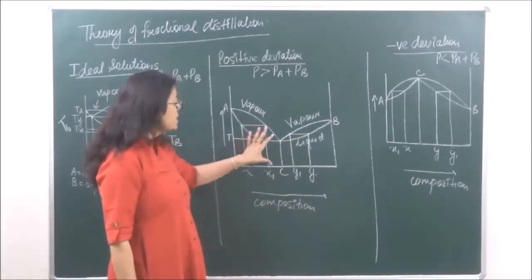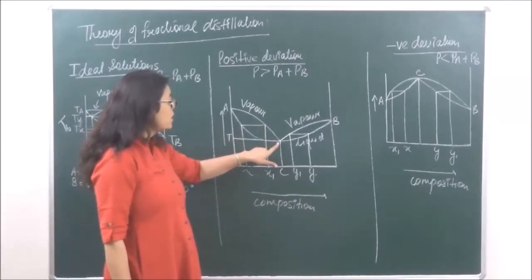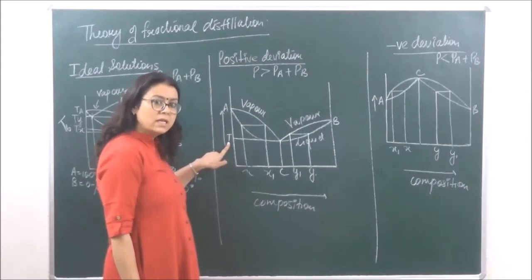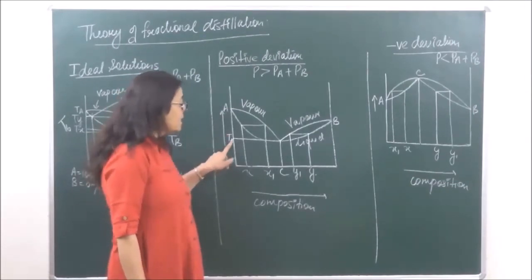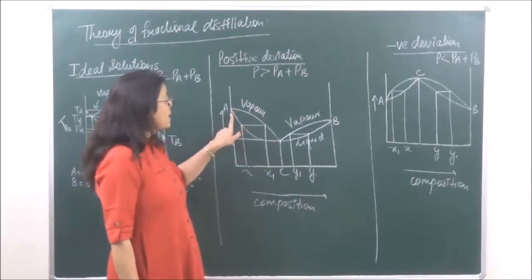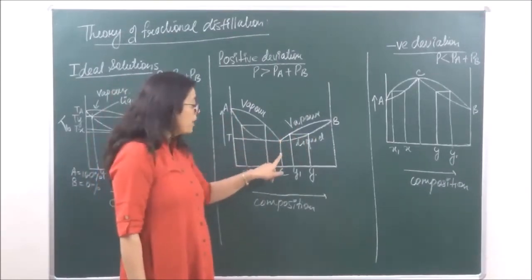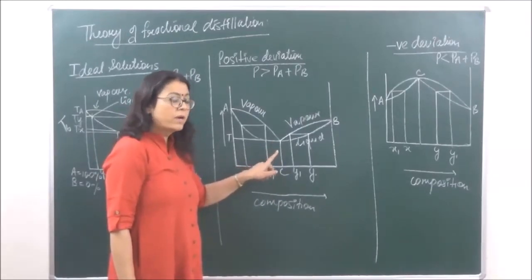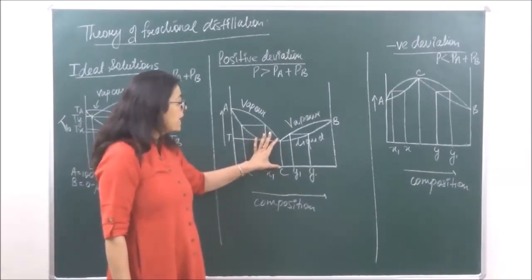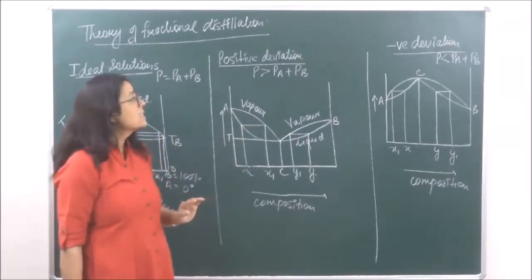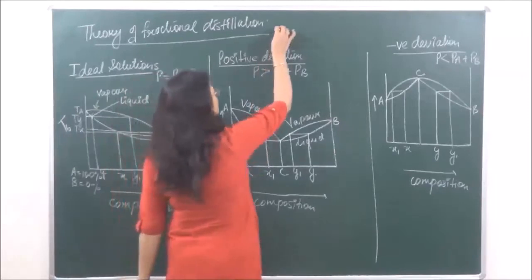Okay, so at this particular point, the temperature of the solution becomes equal to T. So at T, we cannot separate completely A and B, and at point C, the temperature becomes constant. Okay, so this is known as what? Such solutions are known as constant boiling mixtures.